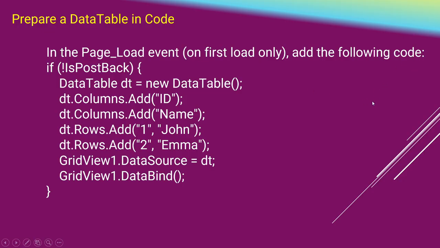Inside this block, we create a new data table, define its columns, and add some sample rows. Then we set the GridView's data source to our data table and call GridView1.DataBind. This binds the data to the GridView for display.